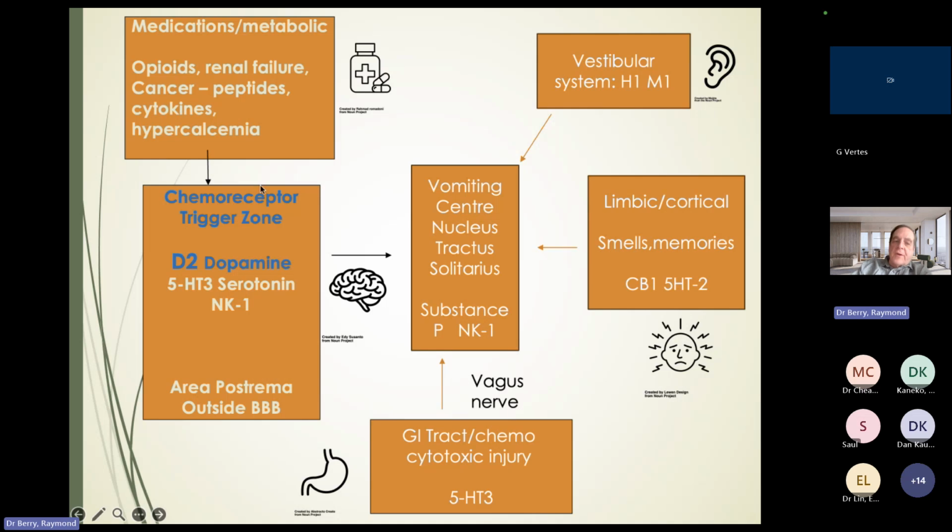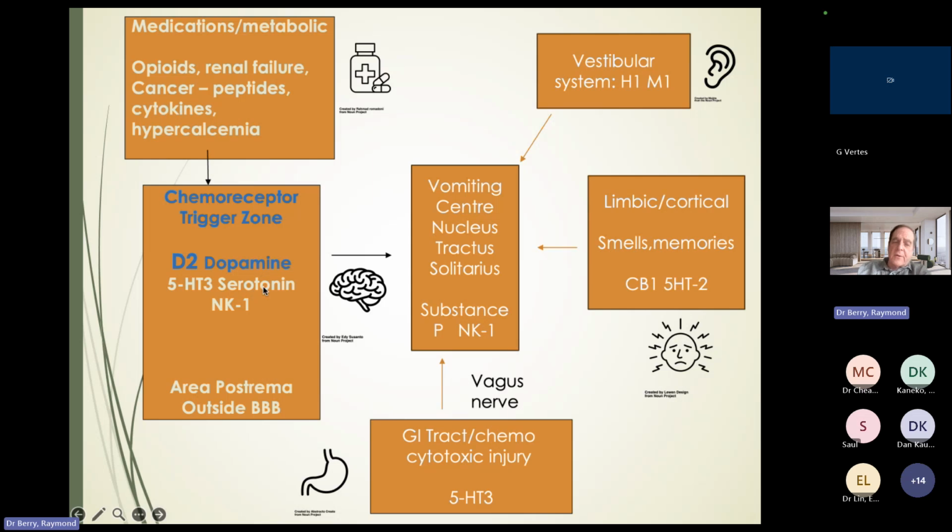Once the chemoreceptor trigger zone is activated, it sends neurotransmitters to the NTS. The big transmitter, then, this is where the main talk is going to focus. The main transmitter that's activated with all of these factors, opioids, renal failure, cancer, inflammatory cytokines, it's dopamine that's mainly released here.